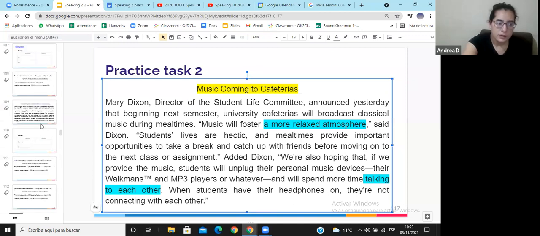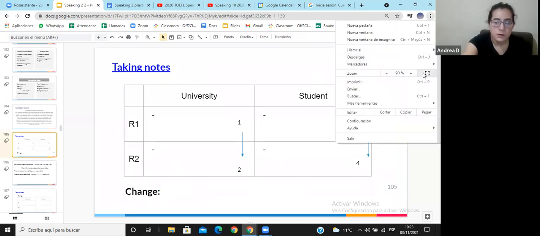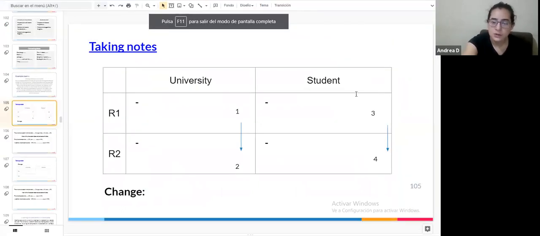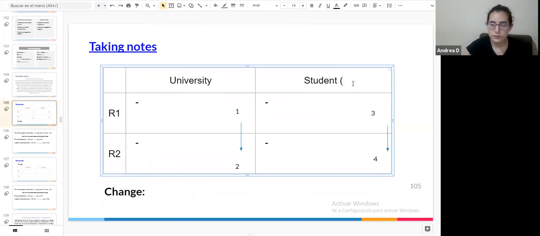Now let's talk about that. First thing, can anybody tell me whether the student was in favor or against the change or the proposal that the university makes? Against. Okay, nice. The student was against it. And why was he against it?